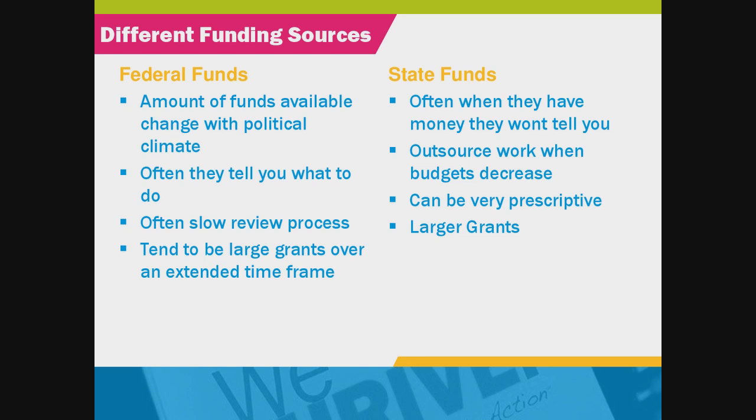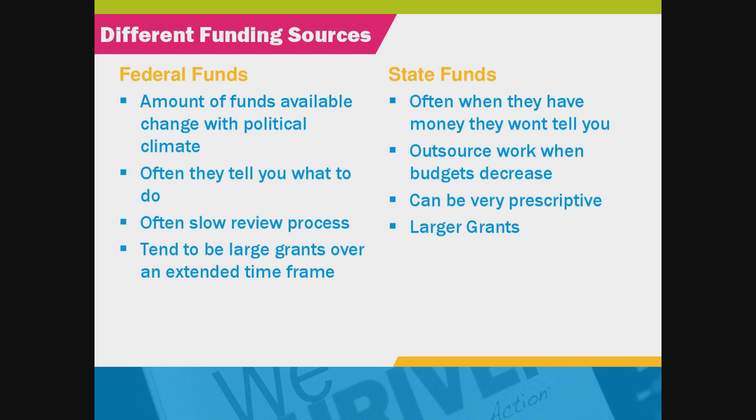So over the next two slides, we're going to talk about different types of funding sources just for you to see and have an understanding of the differences. The first two we're going to talk about are federal and state funds. If you were to apply for a federal grant or look for federal funds, some key points to think about are that the amount of funds available changes with political climate and political will.